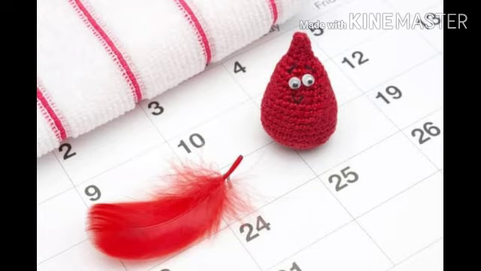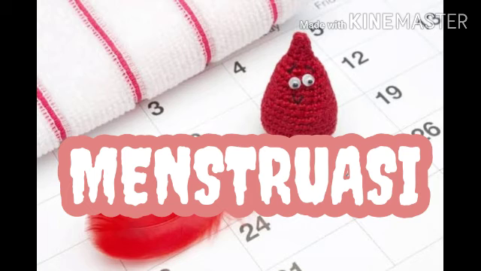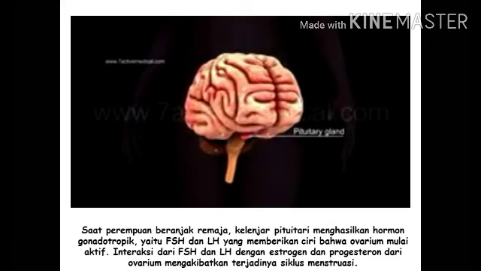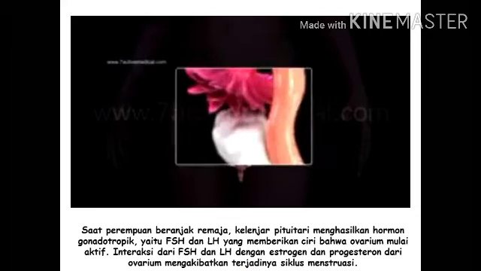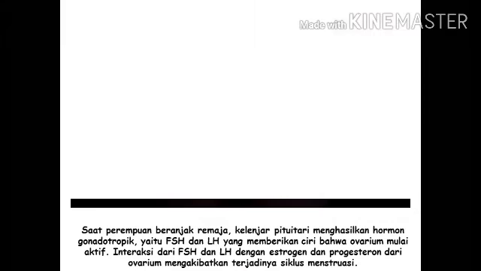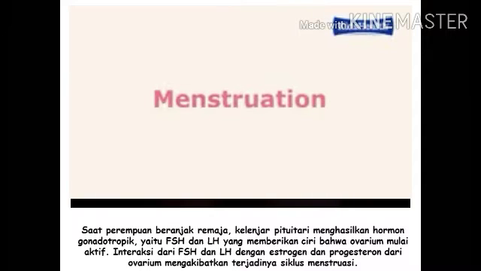Habibi wa habibti, now we will discuss menstruation. As you know, menstruation occurs in girls. When a woman is a teenager, the pituitary gland produces gonadotropic hormones, FSH and LH, which indicate that the ovaries are starting to be active.